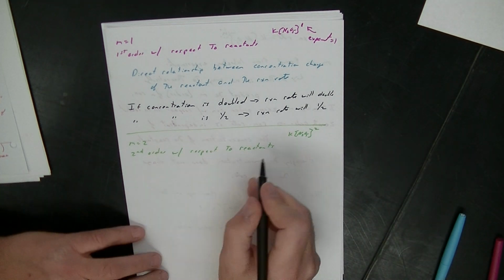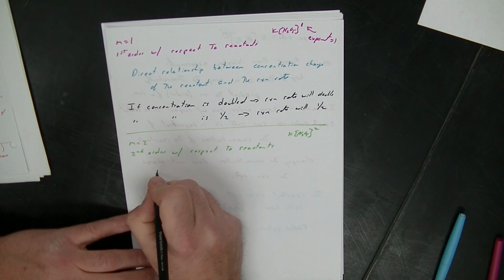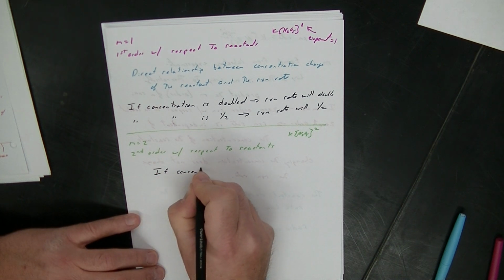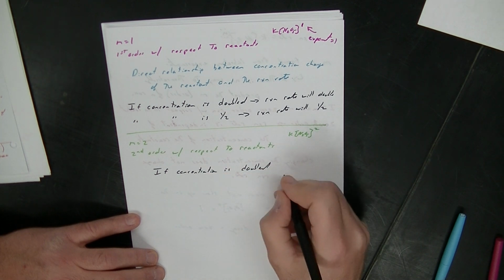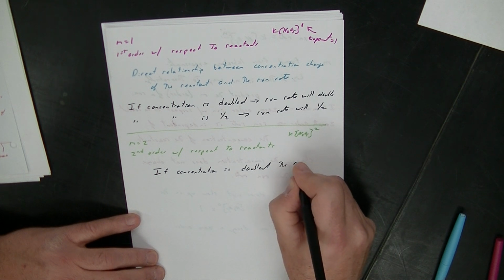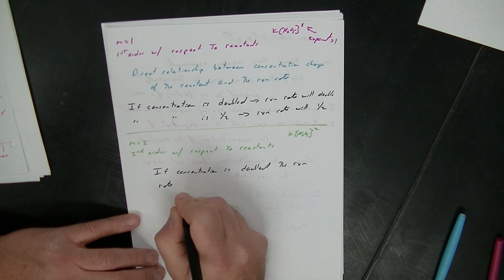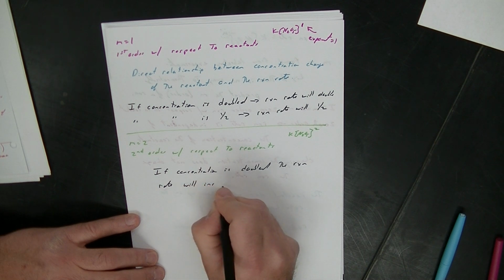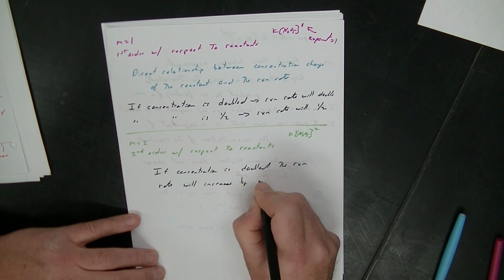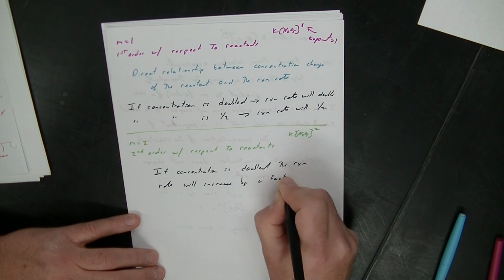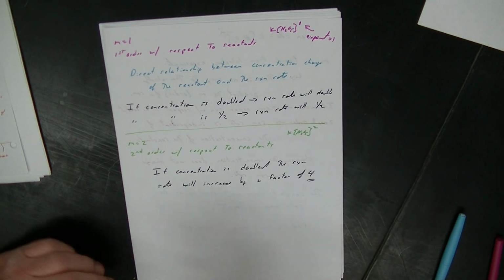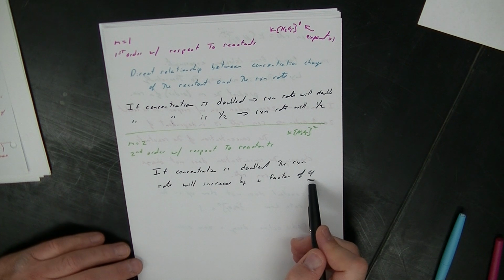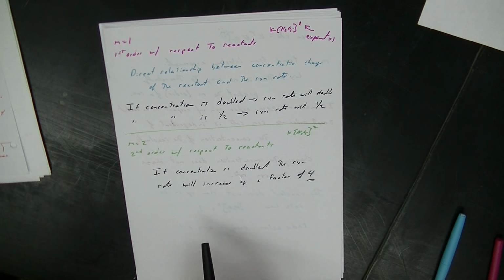So when we have a second order reaction, if concentration is doubled, the reaction rate will increase by a factor of 4. So if it's doubled, we're going to quadruple the rate. This is the relationship if m equals 2.